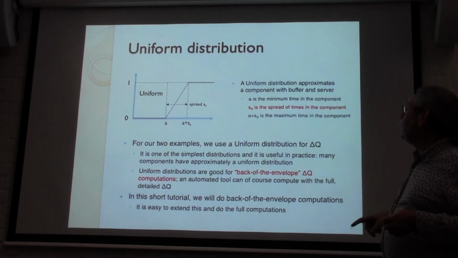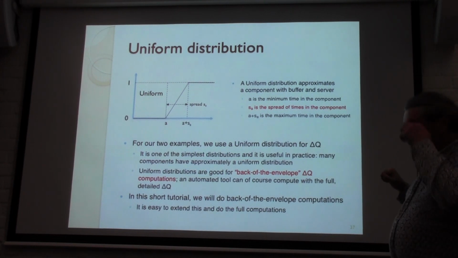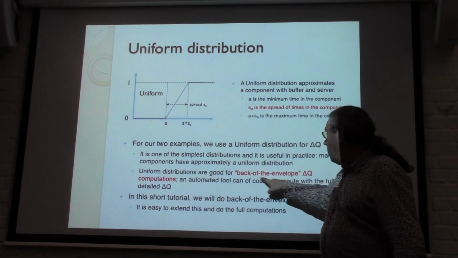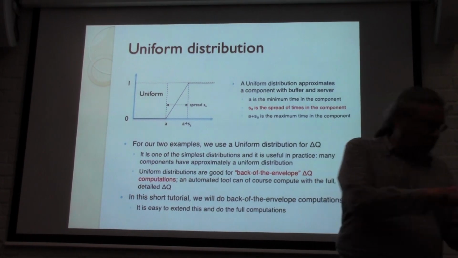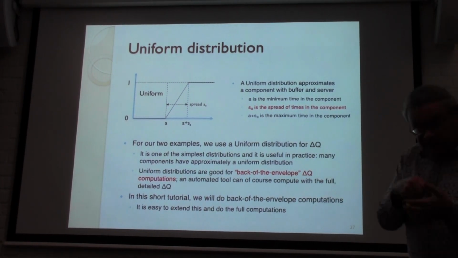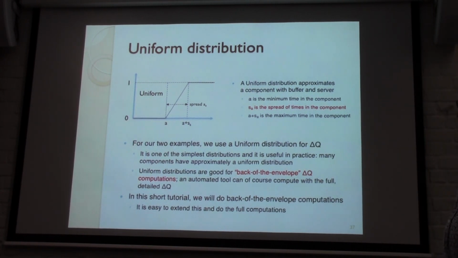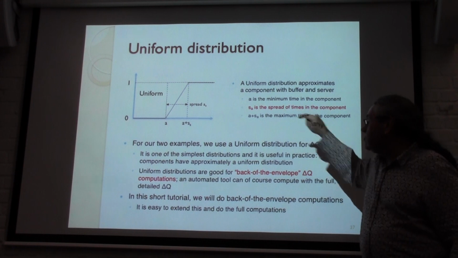Servers will be kind of like that, not perfectly, but approximately. So this is really good for back of the envelope. When you want to figure out very quickly whether something can work or not, you know the idea of back of the envelope, you write it down while you're drinking a beer on the back of an envelope, and so you can use this distribution.